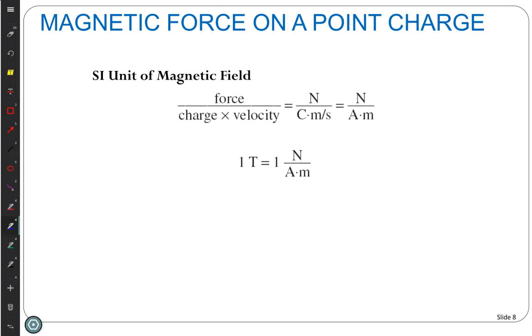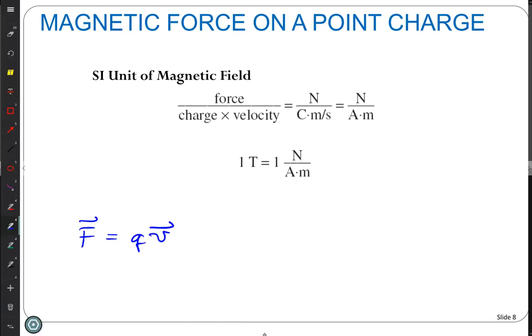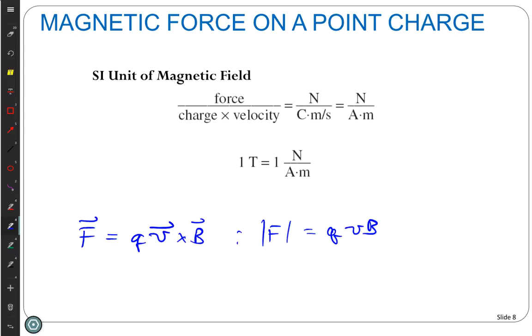Now the units. I told you that the standard unit is the Tesla, named after Nikola Tesla. Well, now, with our equation, since force is equal to QV cross B, then the force magnitude is equal to QVB. So that means I should be able to calculate the units of B just by rearranging.